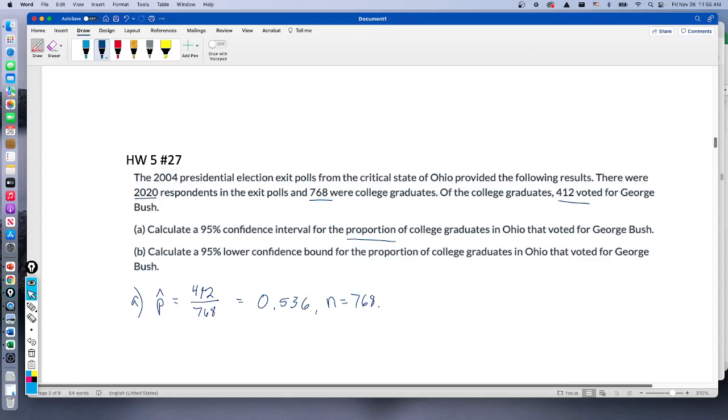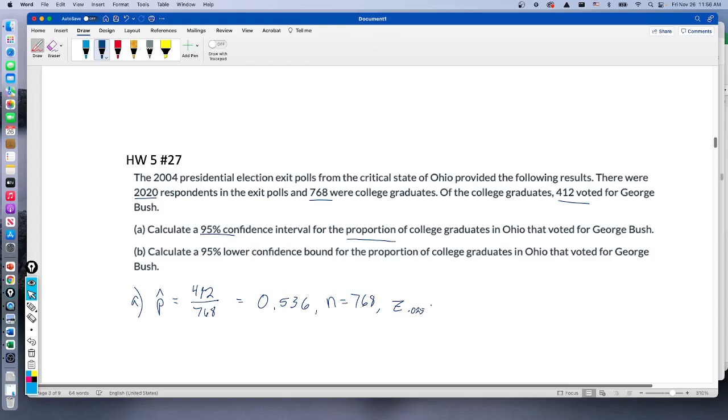Then the other part we need, since we want a 95% confidence interval, we're going to need to figure out alpha, that's 0.05, and so alpha over 2 is 0.025, right?